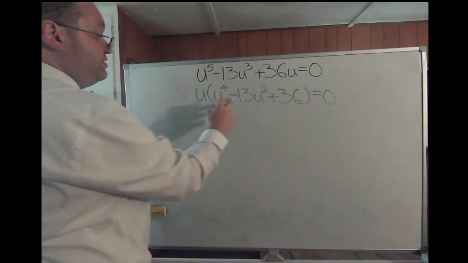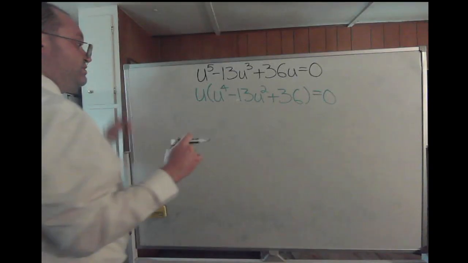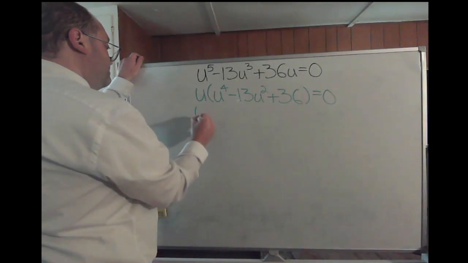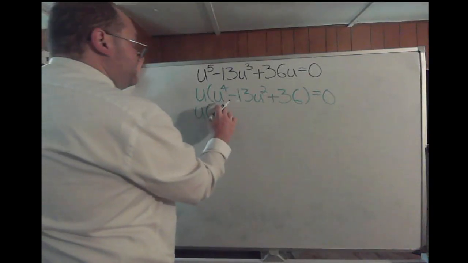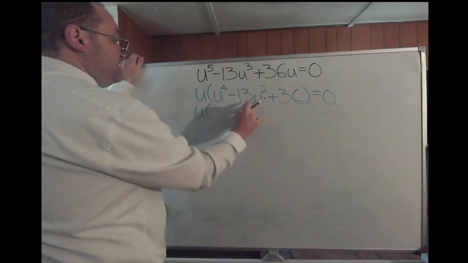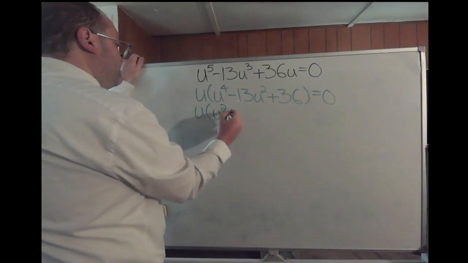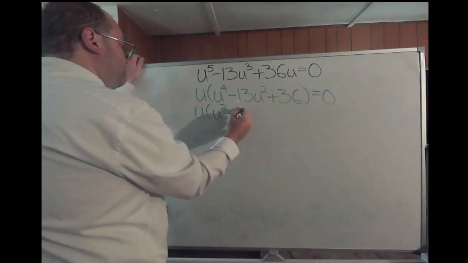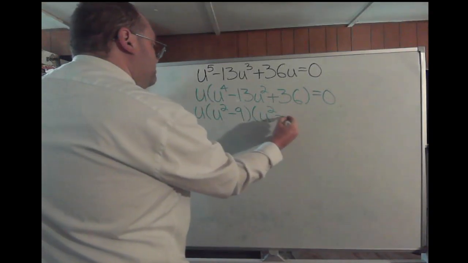Well, the u to the 4th minus 13u squared plus 36 factors further. You're still going to have u on the outside, but you'll have the factors of u to the fourth minus 13u squared plus 36, you would get u squared minus 9 times u squared minus 4.